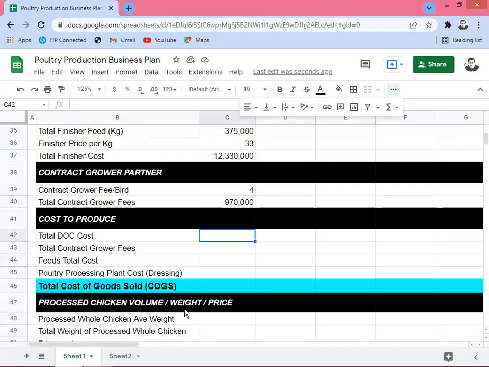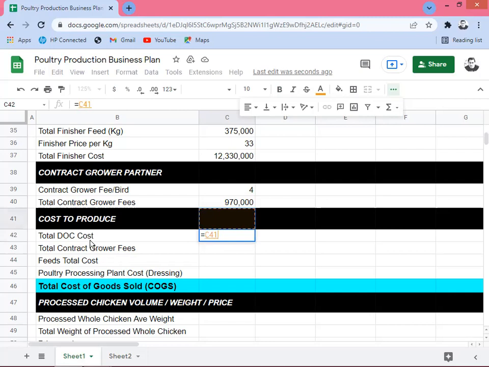All right. Then total DOC cost. We already calculated that. All you have to do is just transfer it from there to here. Because now we're going to calculate the cost to produce, CTP, the cost to produce per bird, or for the total birds that we're going to raise in the house.